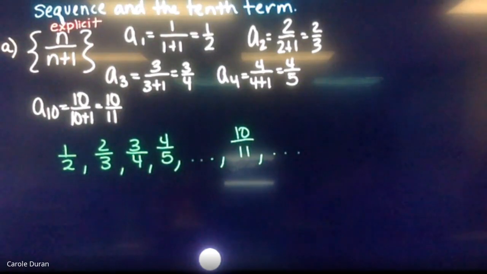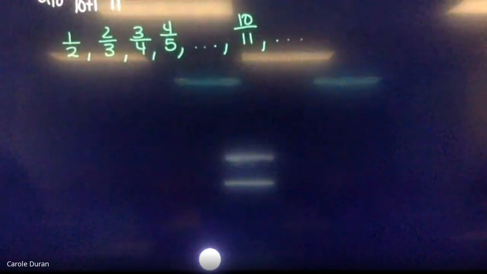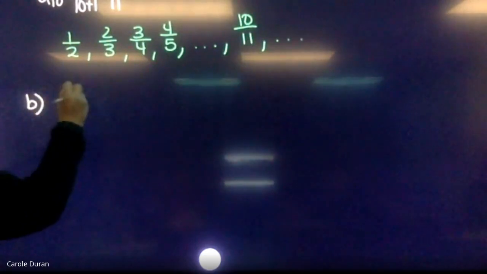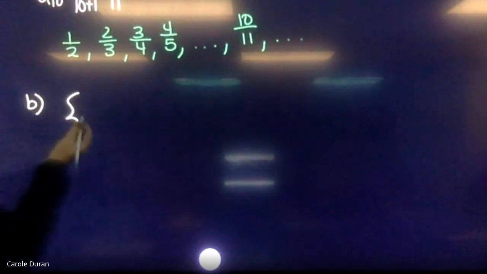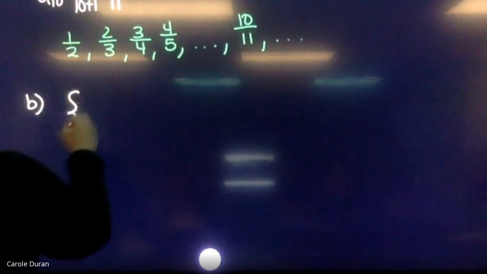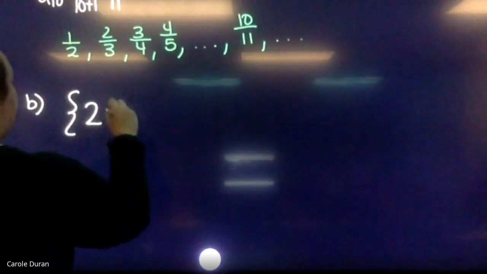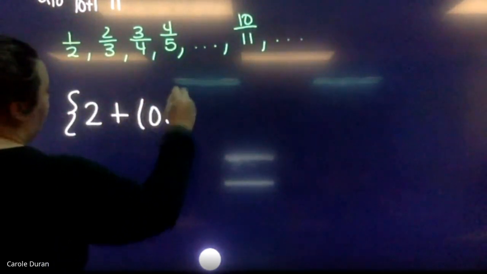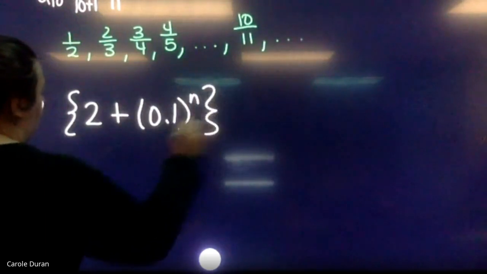Okay. So what I'm going to do now is give you another explicit rule, and you're going to find the first 4 terms and the 10th term on your own. So for this particular rule, we get 2 plus 0.1 to the nth power.